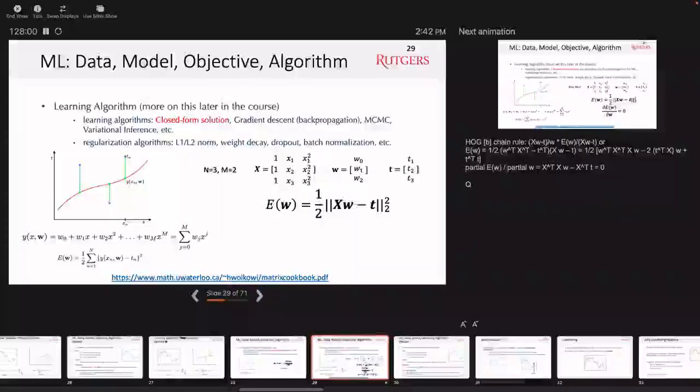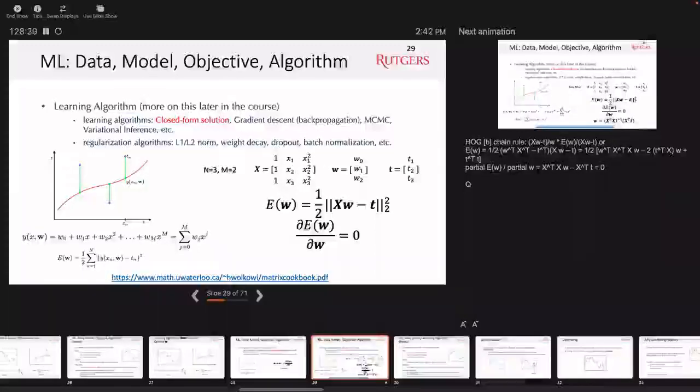Okay, so this is the first step. The first step, we are convinced that our objective function can be rewritten in a matrix form. So the second step, what we're going to do? In the second step, we're going to take this matrix form of the objective function, and we're going to take the gradient of this objective function with respect to w, and we're going to set the gradient to 0.